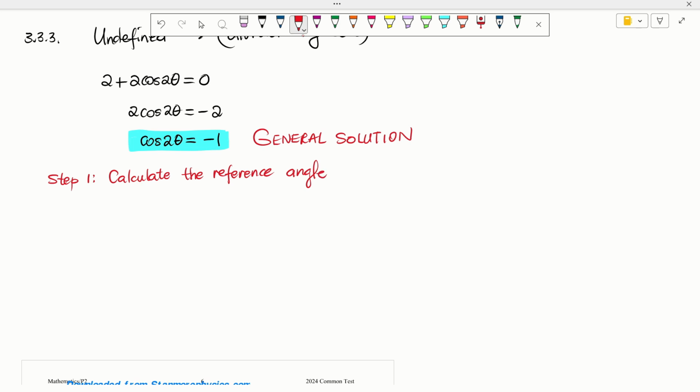How do we do reference angle? Guys, when you do a reference angle, you forget about the sign of this number, whether it's positive or negative. Forget about that. Go ahead and just solve for the angle without the negatives.